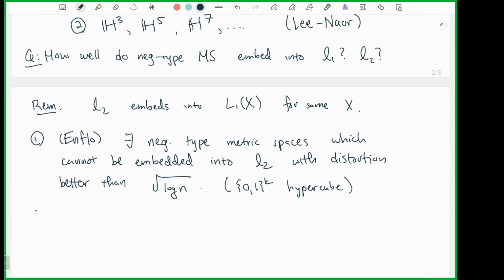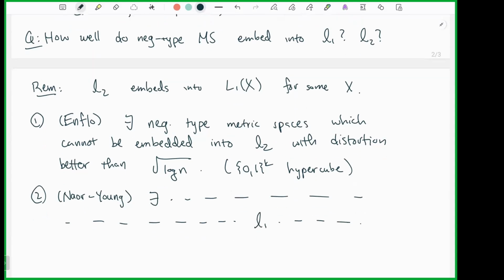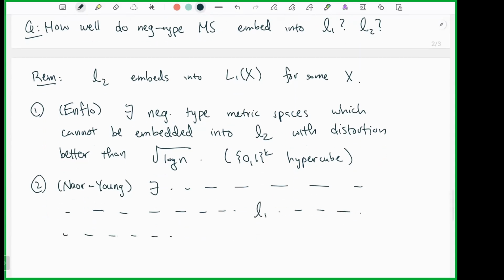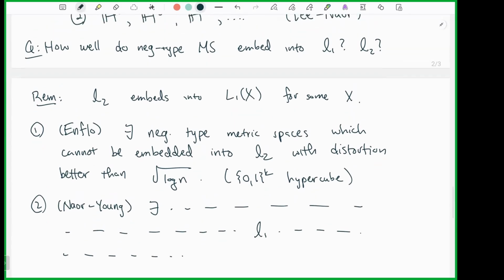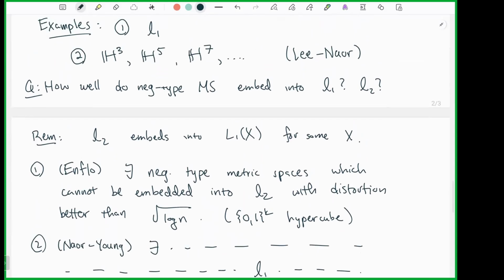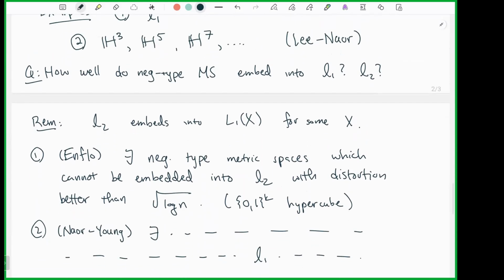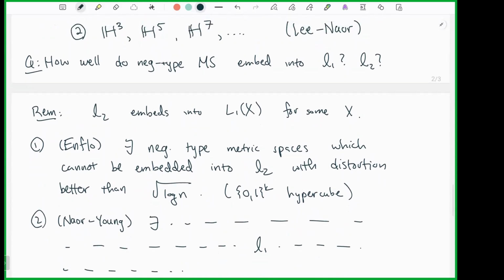But much more recently, Assaf Naor and Robert Young, less than 10 years ago, proved that the same is true with L1, with distortion better than root log n. So the example is clearly not the hypercube, since the hypercube itself is a subset of L1. They need to do something different if you want to embed directly into L1.